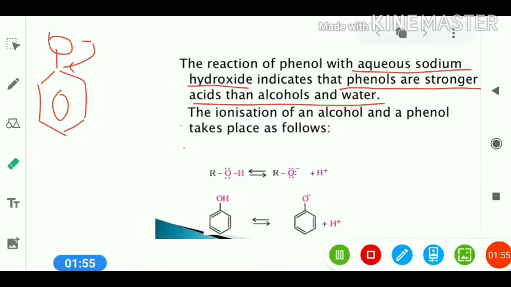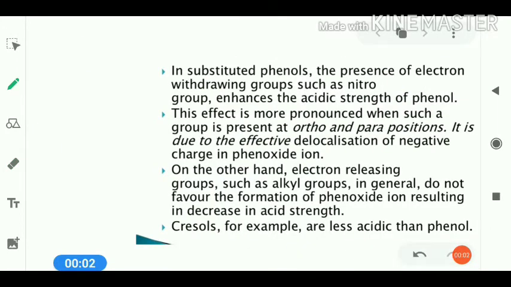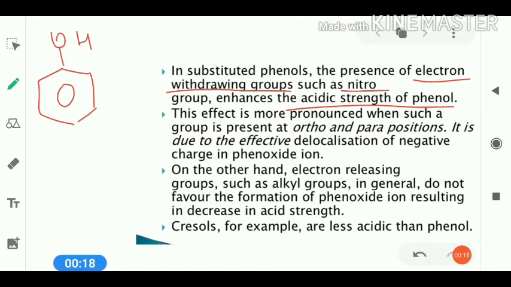In substituted phenol, the presence of an electron withdrawing group like nitro increases the acidic strength of phenol. For example, if phenol is there with any electron withdrawing group like NO2, if NO2 is present on any of the ortho, meta, para positions, then it increases the acidic nature.